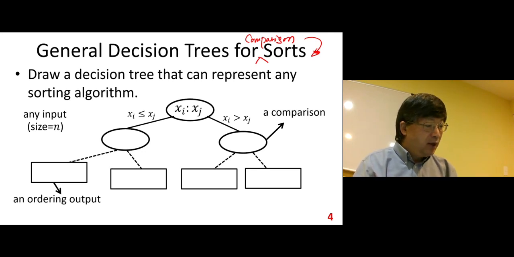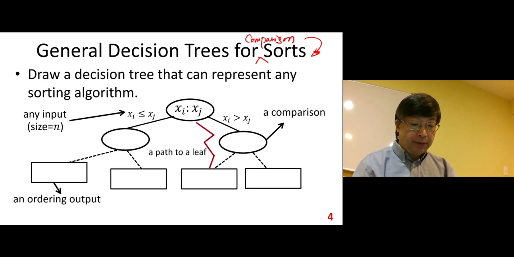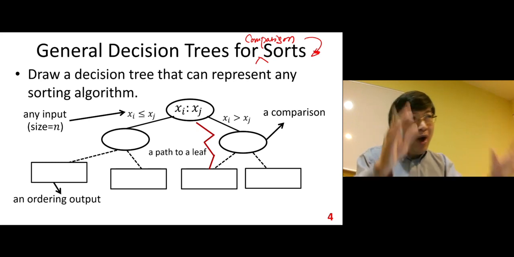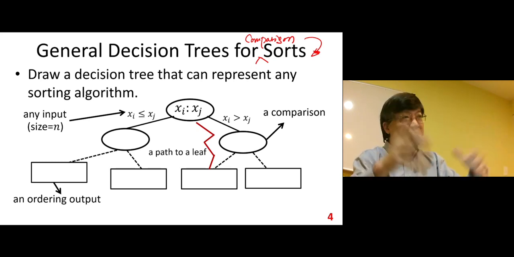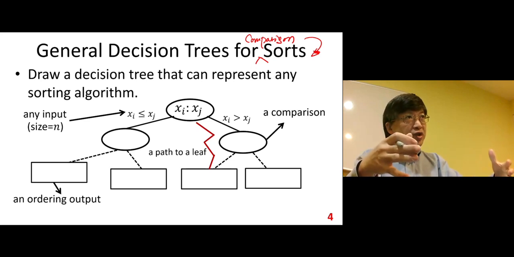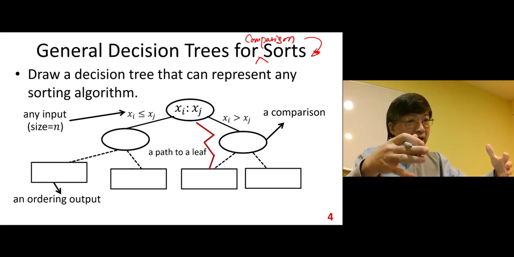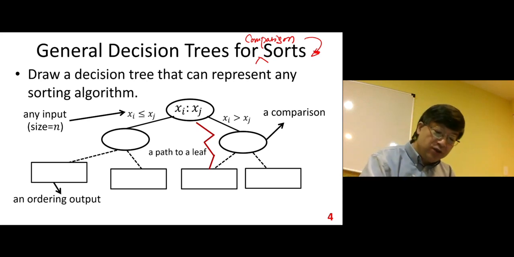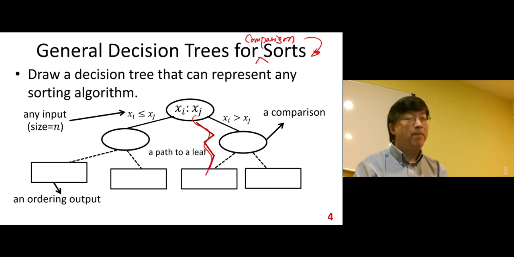Now, suppose we have an algorithm represented by this decision tree. When we are given one input, that input corresponds to one path from the root to a leaf.